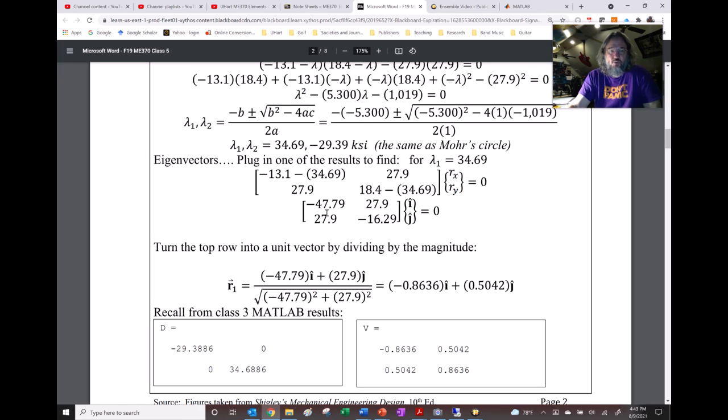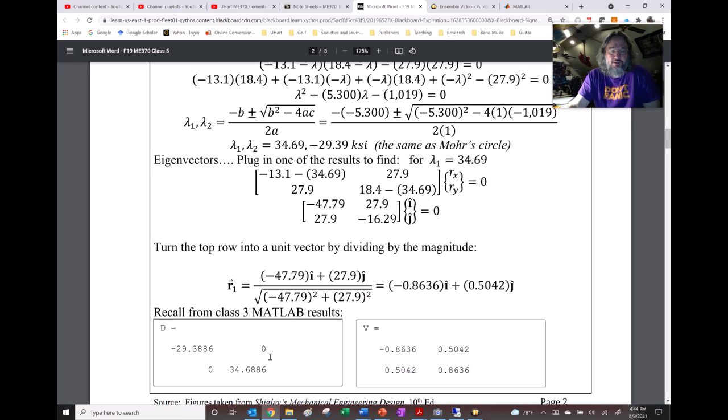If you divide that by the square root of the sum of the squares of it, that's the magnitude, you get a unit vector. And that unit vector is going to be the axis, the vector that corresponds with that principal stress, right?